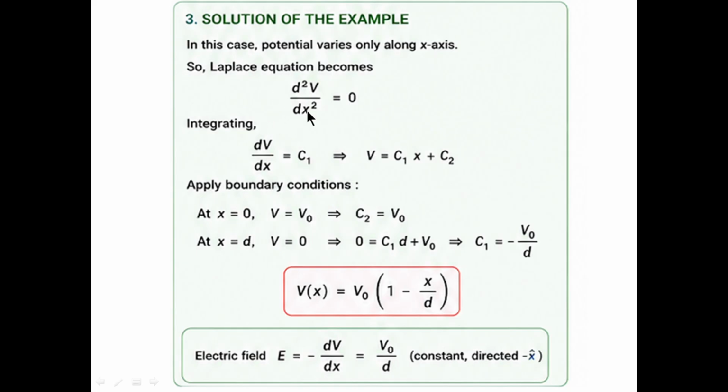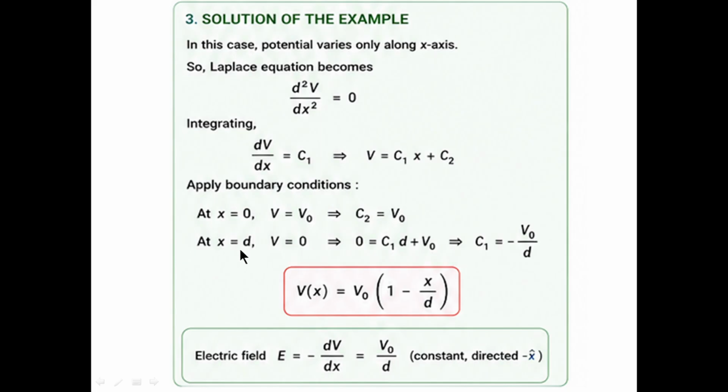Now integrating we have dV by dx is equal to c1, where V is equal to c1 x plus c2 after again integrating this equation. Now applying boundary condition that at x is equal to 0, V is equal to V naught. From here we get c2 is equal to V naught. Now again at x is equal to d we have V is equal to 0.